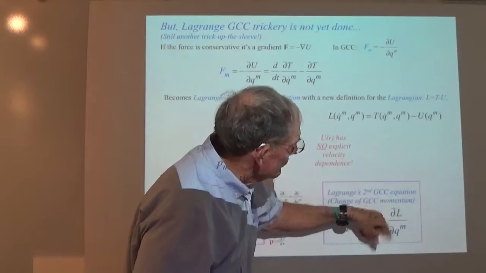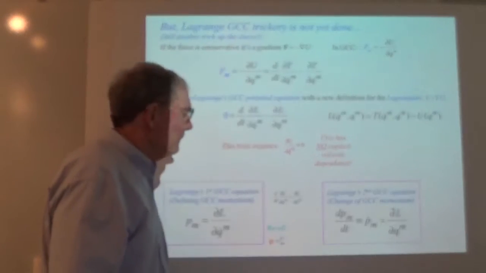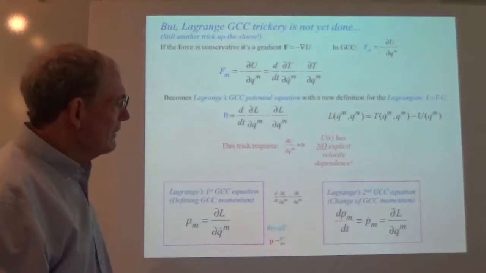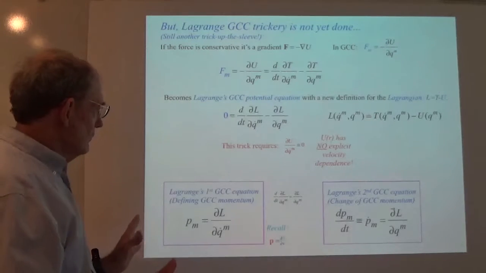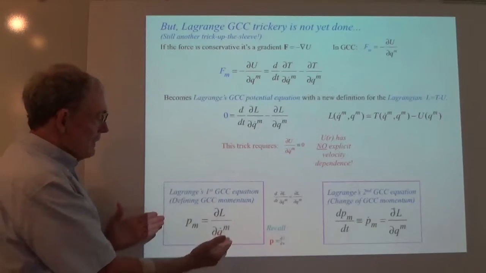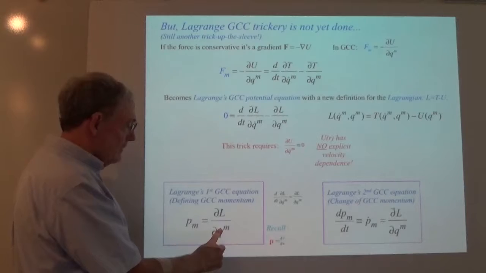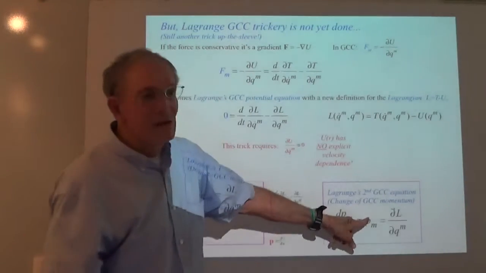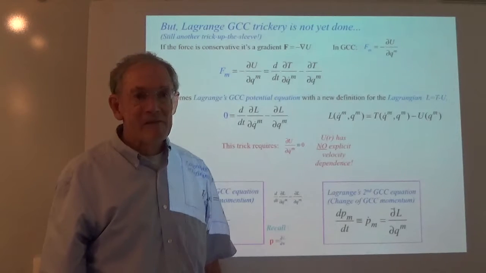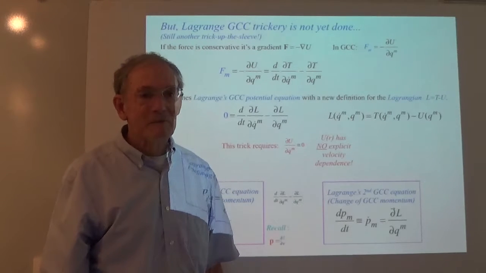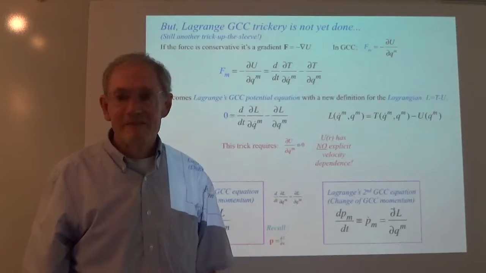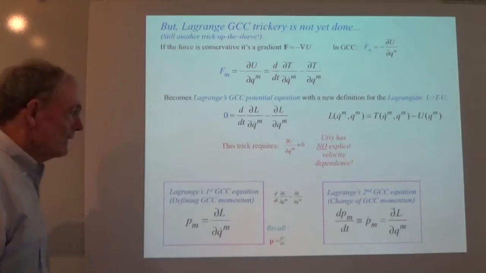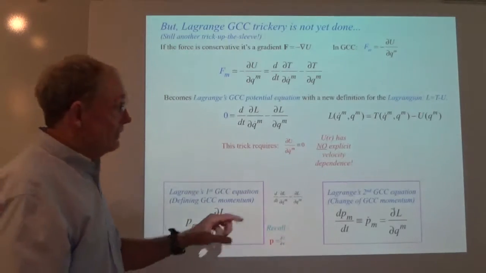Look at what you've got. One equation has the dot on the q, the other is exactly the same, except you move the dot off the q and put it on the p. What could be easier to remember? So that's the second Lagrange equation.